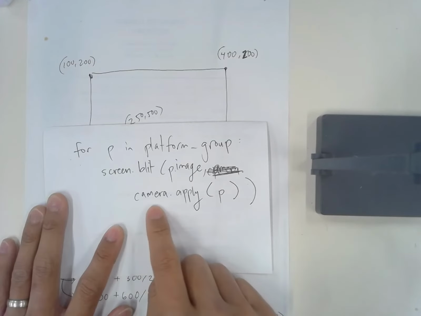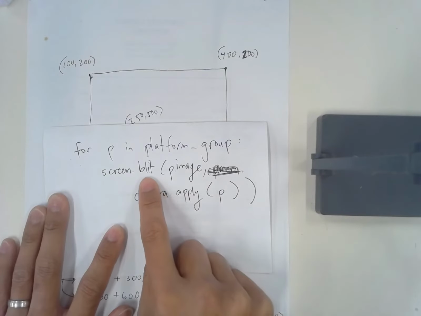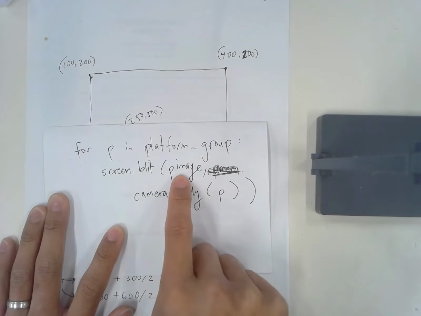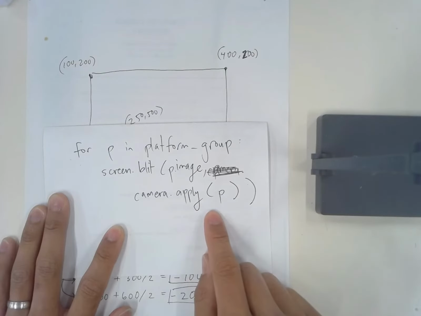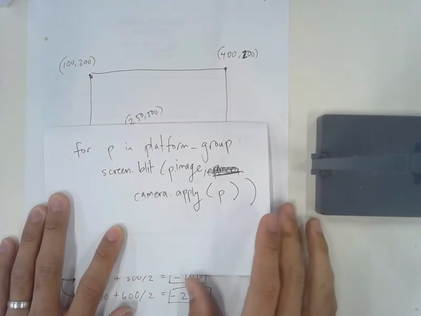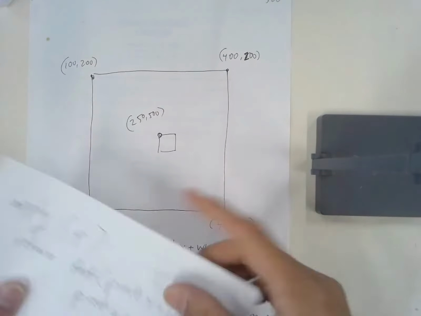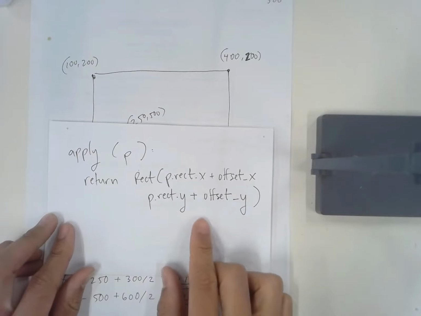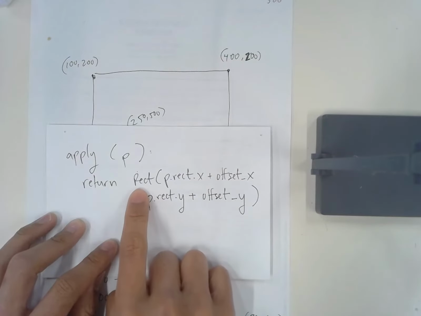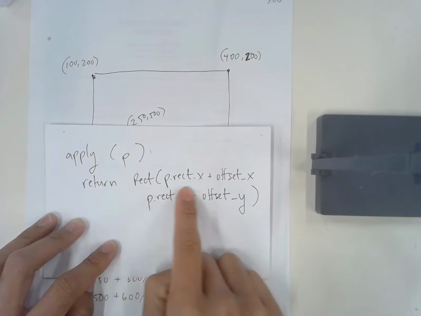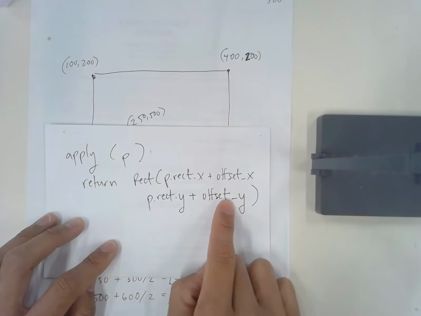All right. So since what we know about blit is that it takes in an image and a rect, then we can assume that camera.apply returns a rect. And if we flip this around, this is the algorithm for apply. And yes, we return a rect. But not just any rect, a rect with adjusted values.